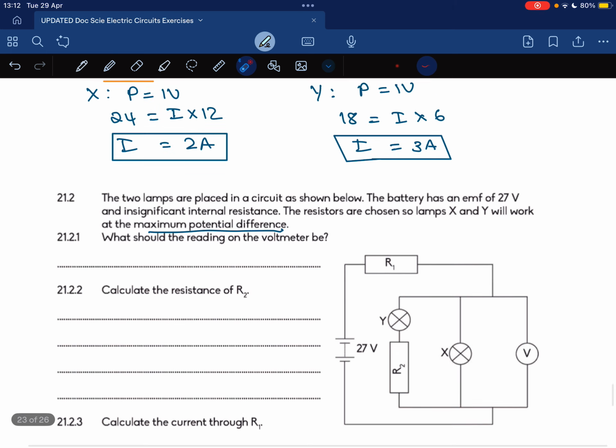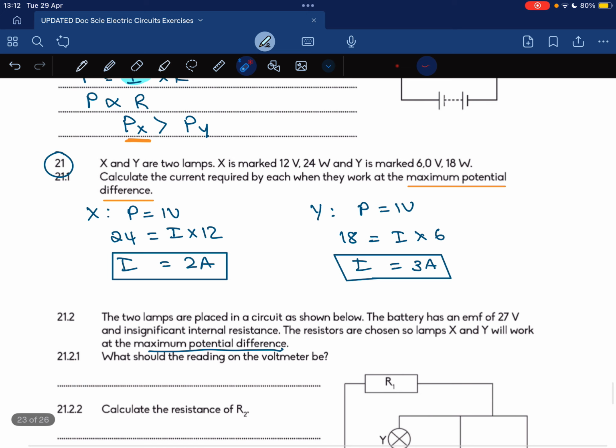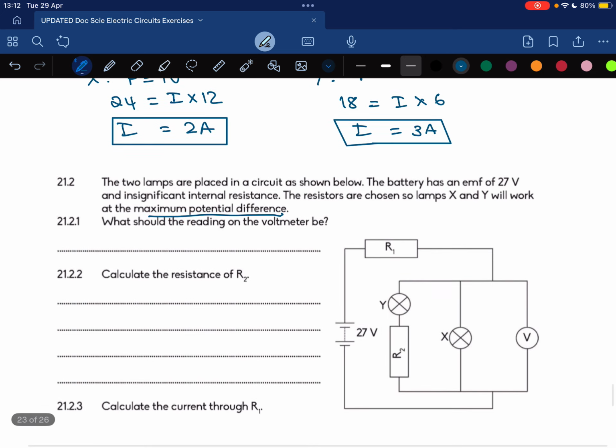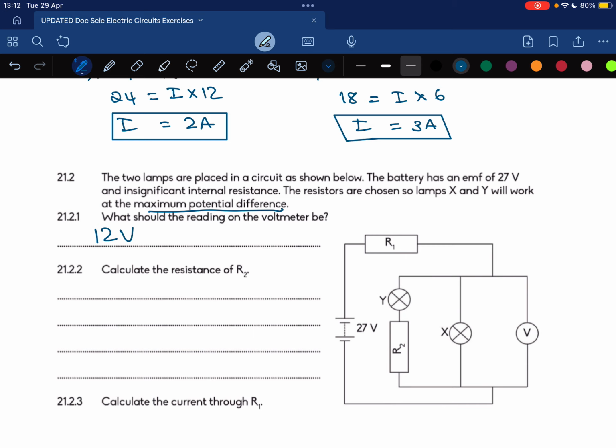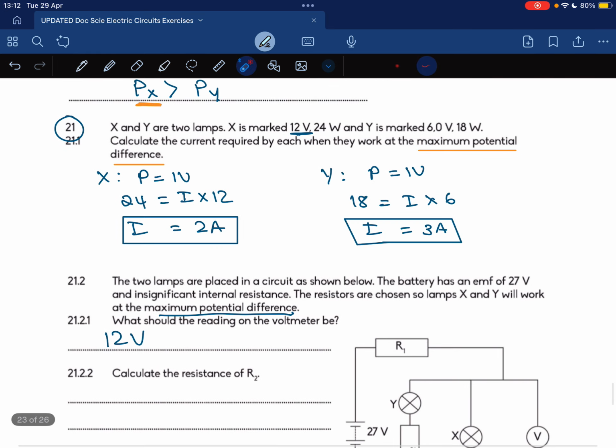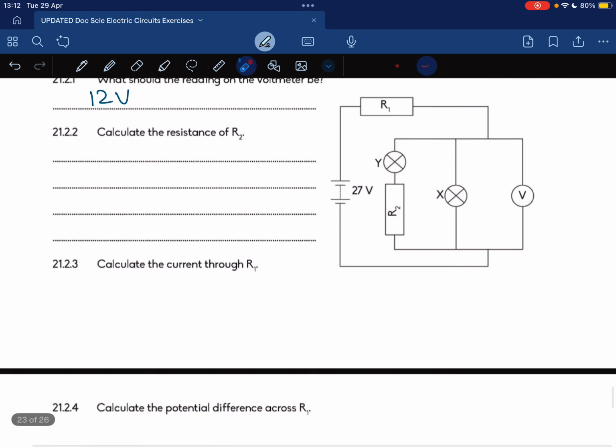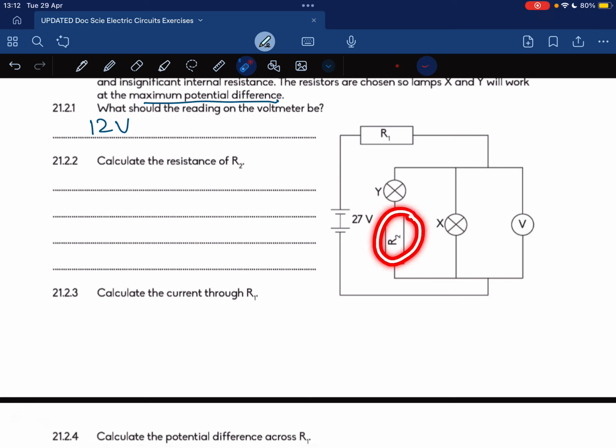So if I look at the question, X had a maximum voltage of 12, which means that the reading would be 12 volts, not 6 volts, because remember there's this extra resistor here which needs voltage. So the voltage here and the voltage here will be 12 volts, and the total voltage there is also 12. So just be careful of that, because this resistor is important.